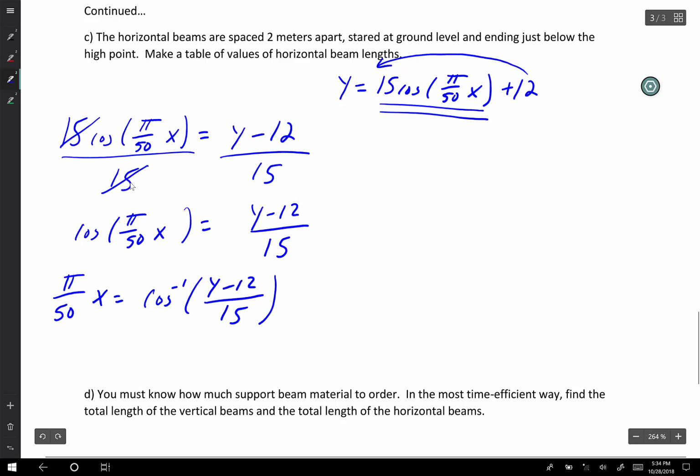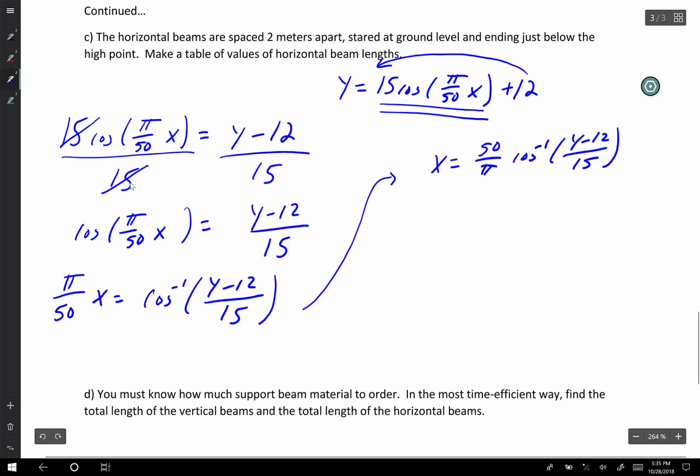I'm not going to put plus 2 pi n because I don't have a whole period. This roller coaster does not repeat the sinusoid over and over again, so there's no reason to write that. To get rid of the 50 over pi, multiply by the reciprocal. So you have x equals 50 over pi, arc cosine of y minus 12 over 15.